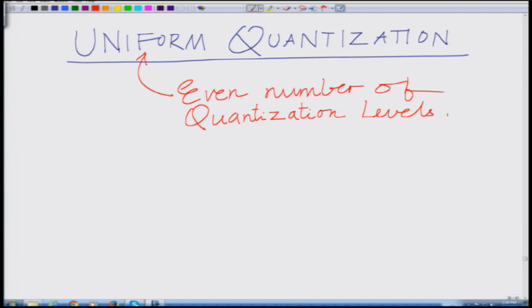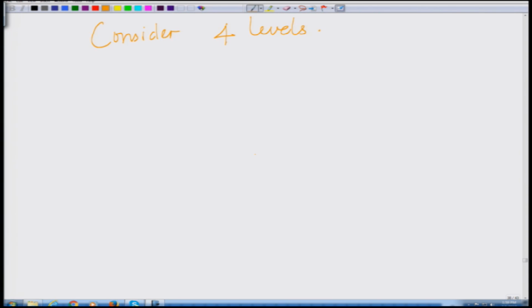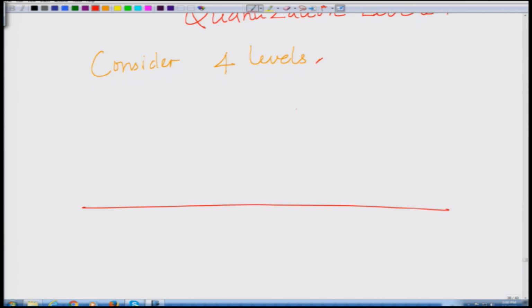Let us say we consider four quantization levels and therefore, we will have a quantizer. Consider 4 quantization levels and quantization interval of width delta.